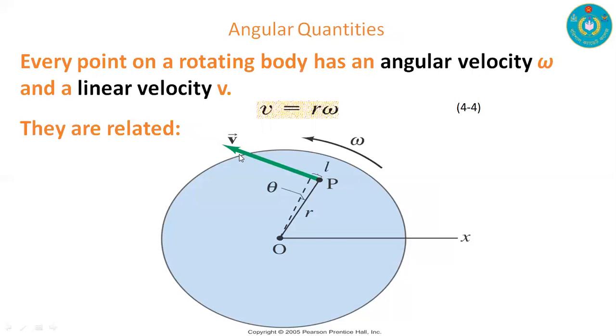Here v is the velocity of the particle and omega is the angular velocity of the particle in circular motion. Here r is the radius, and from the point P, the object moves in a circular direction, and here the angle theta is the angular displacement.